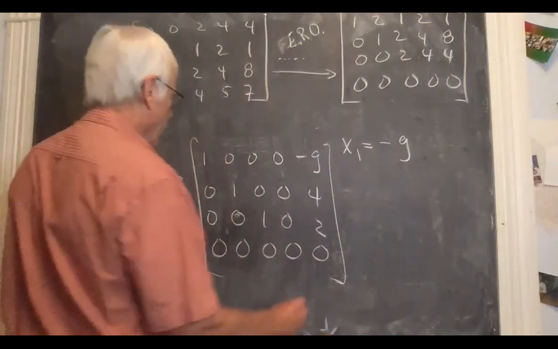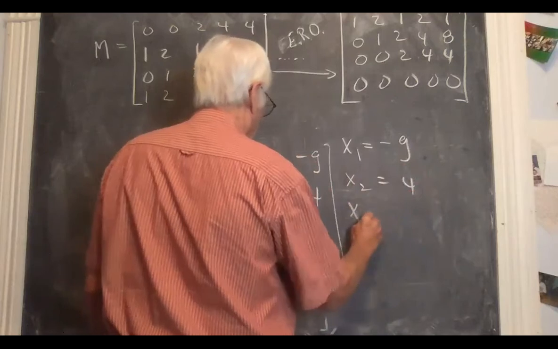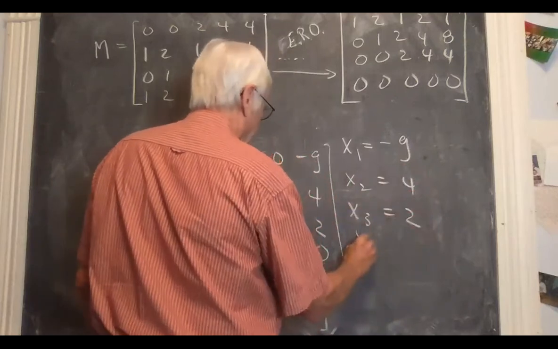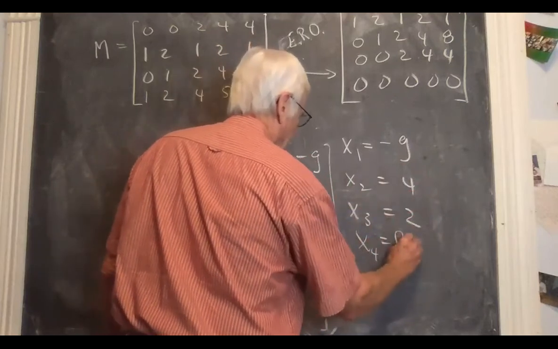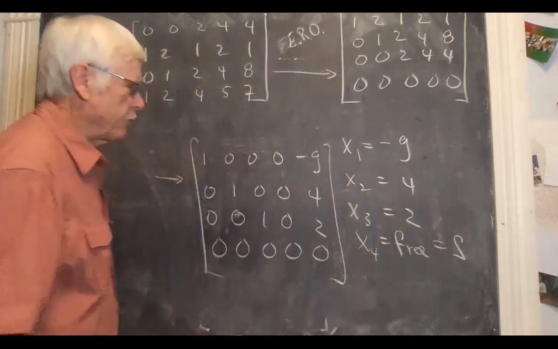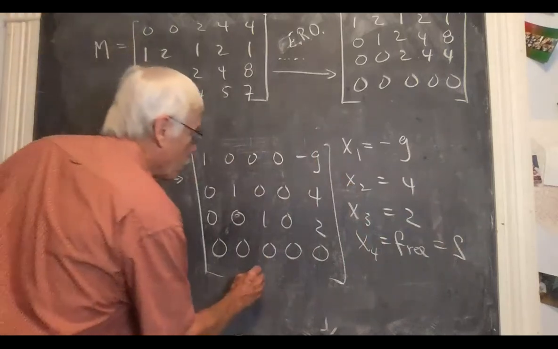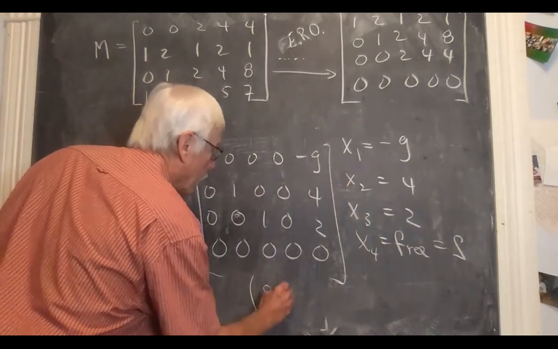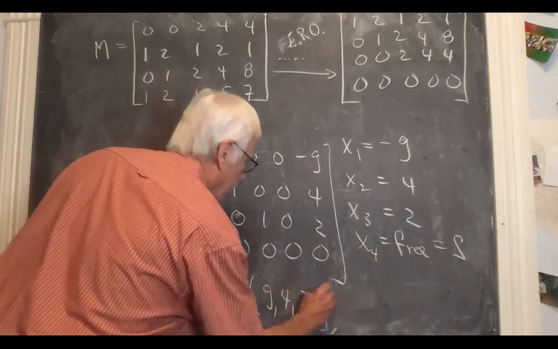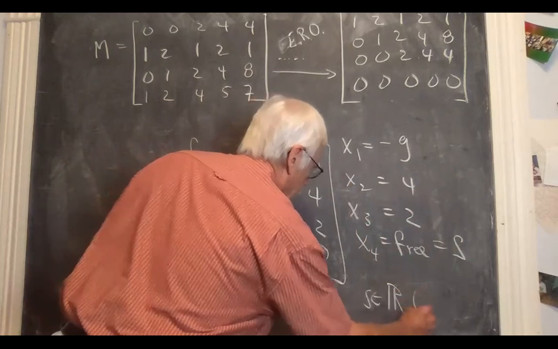So X1 is -9, X2 is 4, X3 is 2, and X4 is free, so it is equal to S. So the solution in this case would be -9, 4, 2, S, and S is any real number, which means it's a free variable.